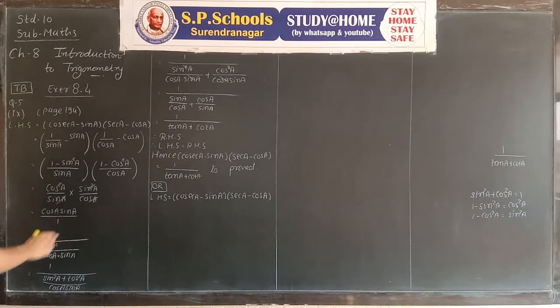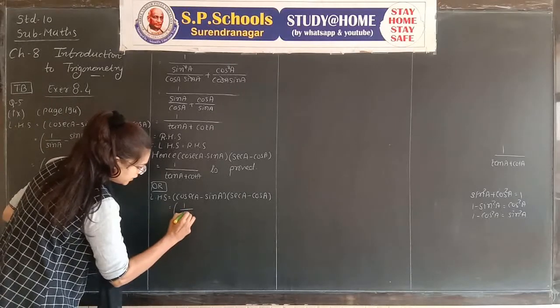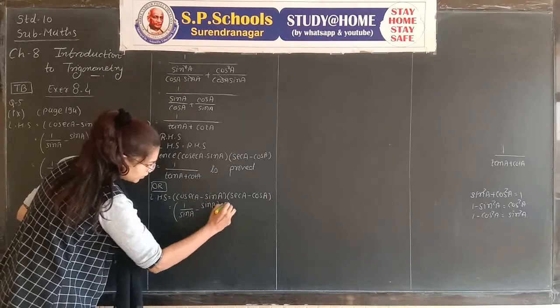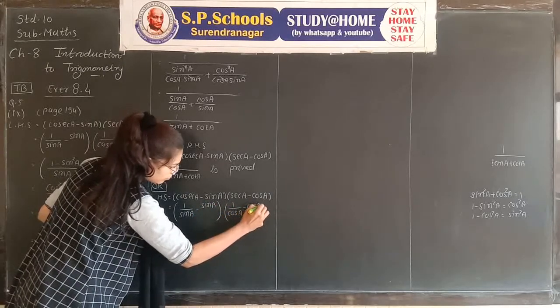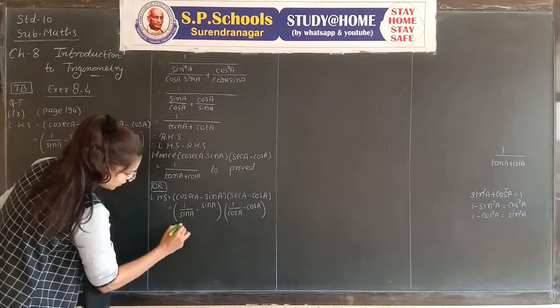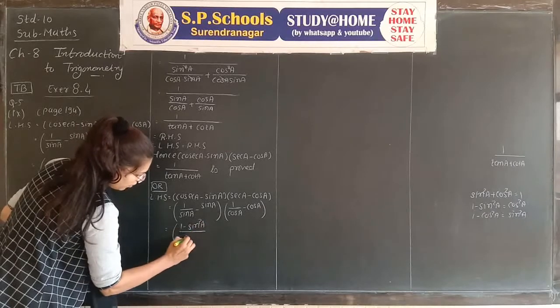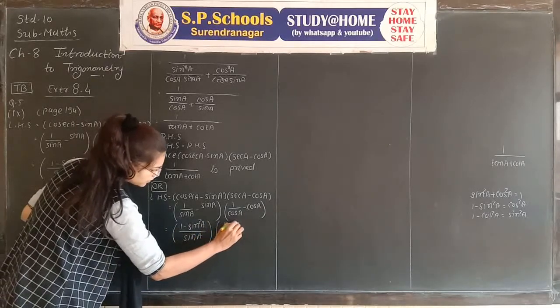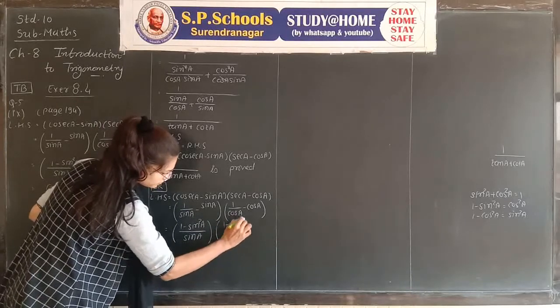Up to this term, methods are same. 1 upon sin A minus sin A, 1 upon cos A minus cos A. Taking LCM, 1 minus sin square A upon sin A, 1 minus cos square A upon cos A.